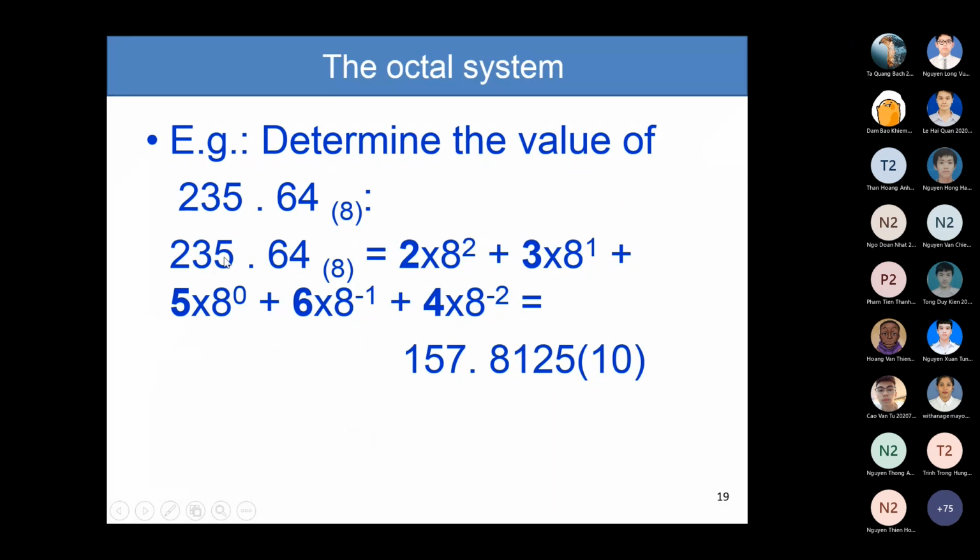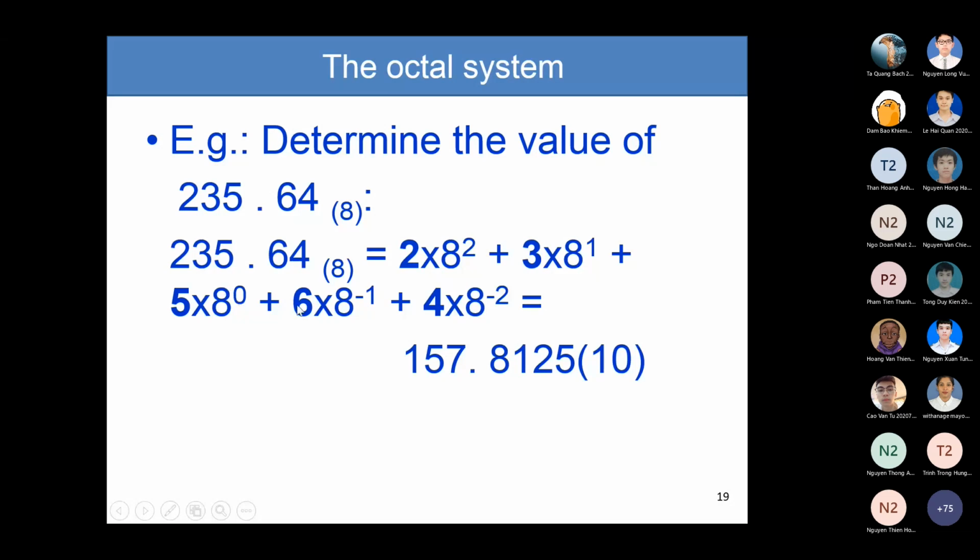The index of 5 here is 0, the index of 3 is 1, and the index of 2 is 2. So we have the formula 2 multiplied by 8 power 2, because the base equals 8, right? Then multiplied by 3 times 8 power 1, because the index of 3 is 1, and the index of 5 is 0, so 5 multiplied by 8 power 0. That is for the integer part.